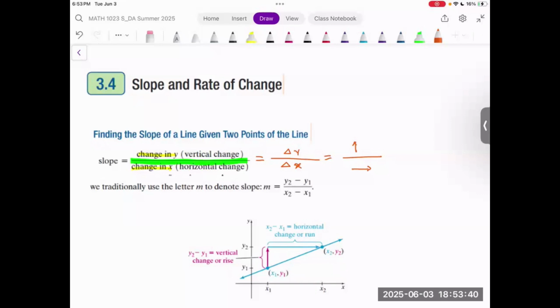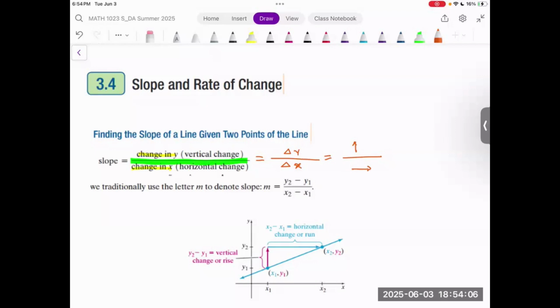So the rise is an arrow going up, the run is going to be an arrow always to the right side. If I am not going up, I'm going down, so I'm going to factor a minus sign in there. That's it. If I'm not going to the right, I'm going to the left, I'm going to factor another minus sign. So every time I go in the opposite direction, I will factor out a minus sign in there.